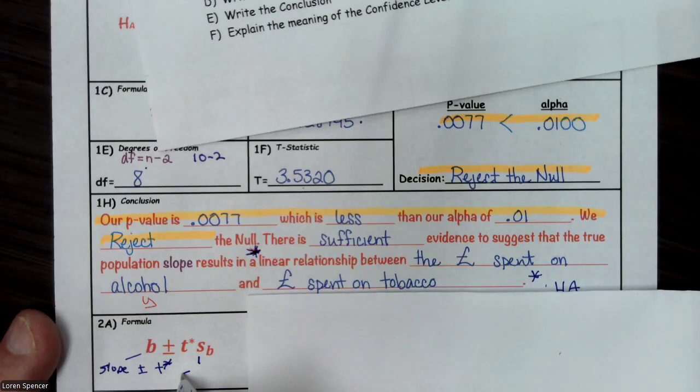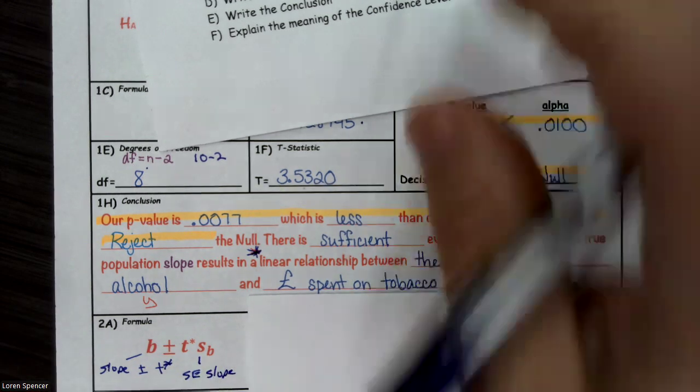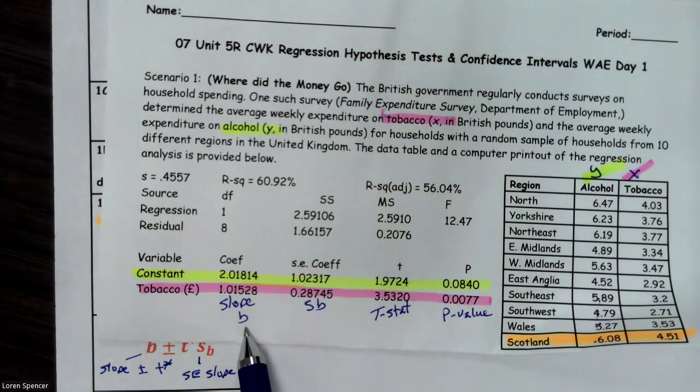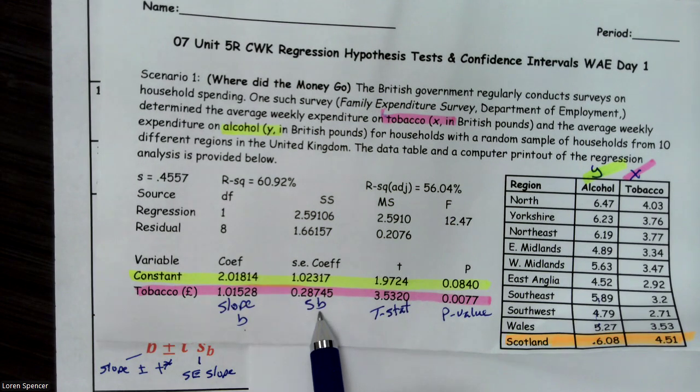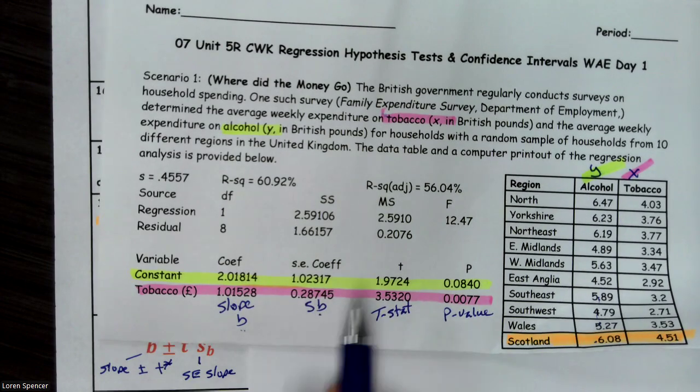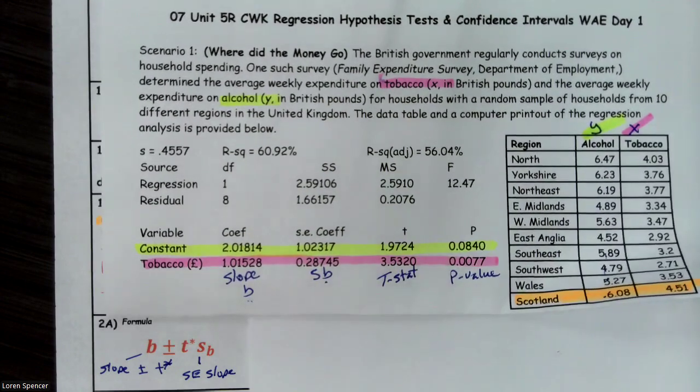And this is our standard error of our slope. So real quickly, we have our slope and we have our standard error of our slope. So we're going to need our b and our sb. That's coming straight off of the table right there.